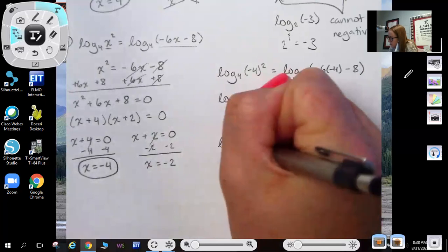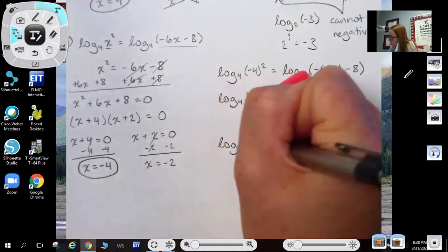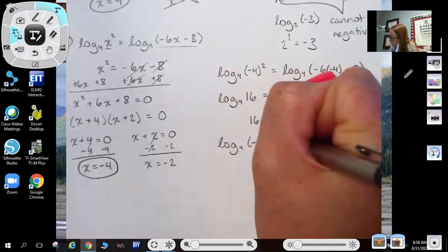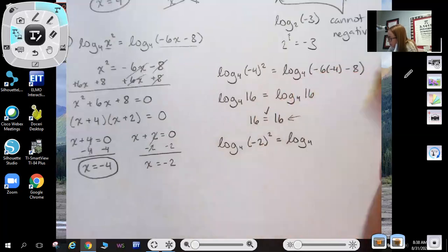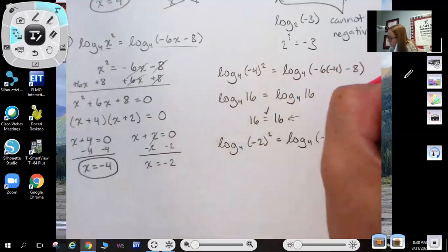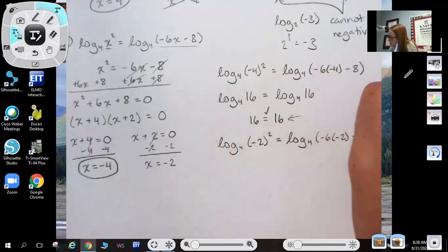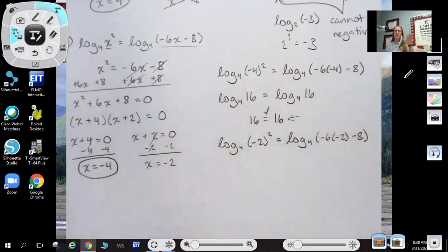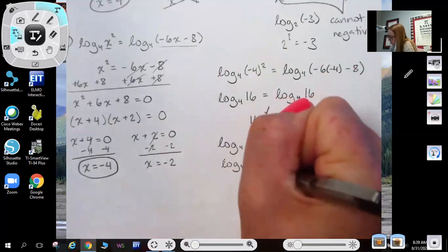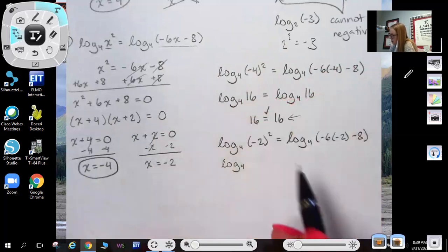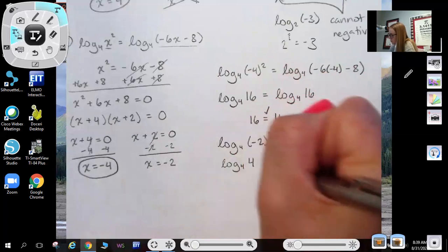Let's check x equals -2. So again, we're going to look very carefully because we do have a negative number. We want to make sure that we don't end up with a negative where you're not supposed to have one. Plug that into the first line of the equation. Log base 4 of -2 squared. -2 squared is +4.